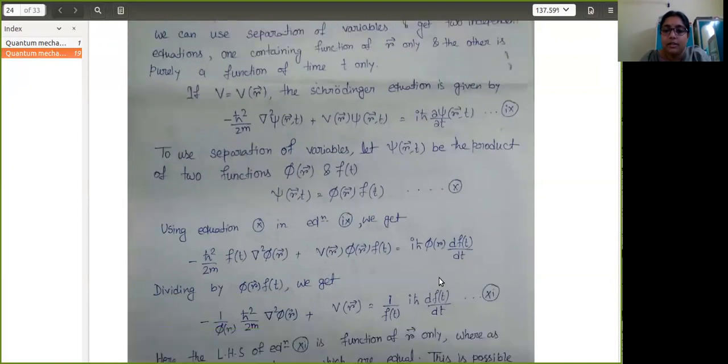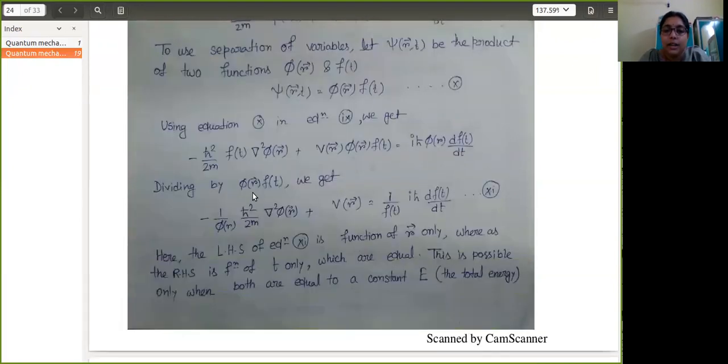Now divide the equation by φ into f and we get minus 1 by φ ħ² by 2m Laplacian φ plus V equals 1 by f iħ df/dt. Look here, the left hand side of the equation is a function of r only, whereas the right hand side is a function of t only.